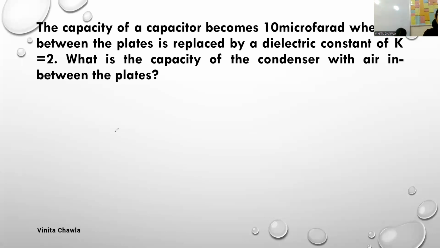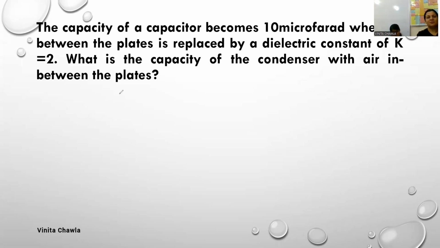The capacity of a capacitor becomes 10 microfarad when air between the plates is replaced by a dielectric of constant K equals 2. What is the capacity of the condenser with air in between the plates?